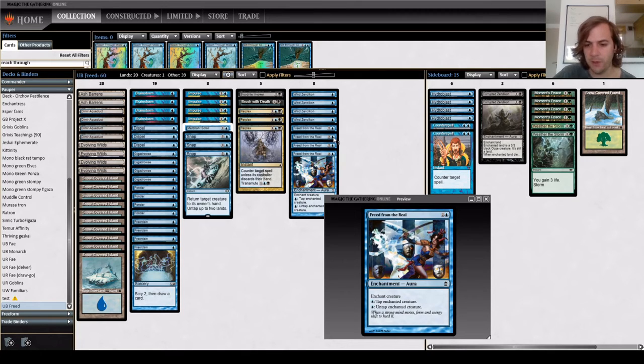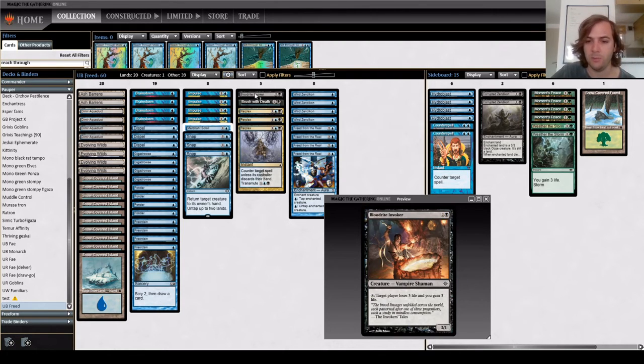And then Freed from the Real on Dimir Aqueduct, so you tap it for blue black, then untap it with blue, so you have one black floating, so you have infinite black mana.